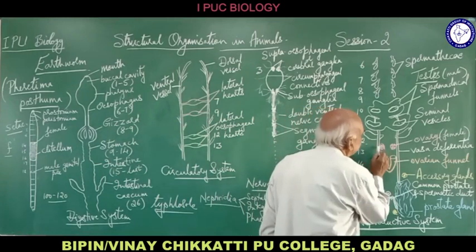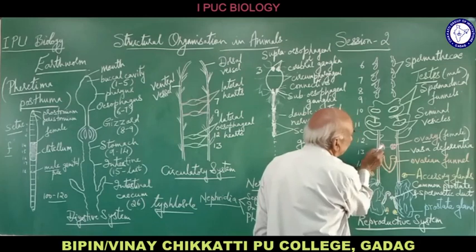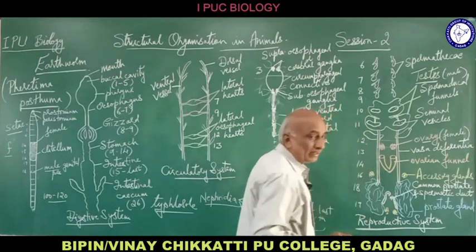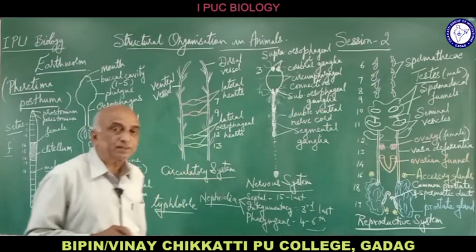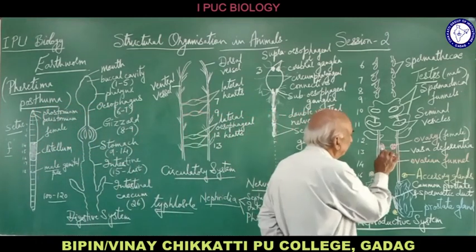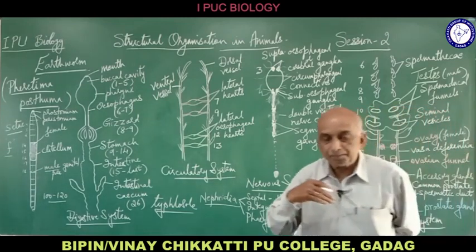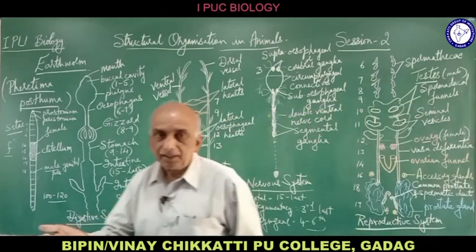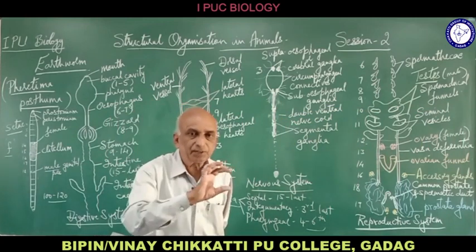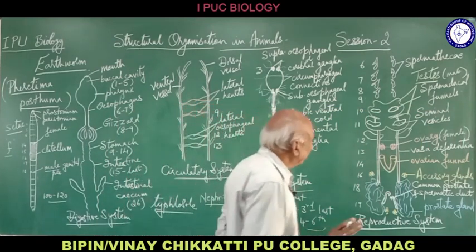Suppose this is the 12th segment and this is the 13th segment. At the junction, or the septum, the partition between the two segments, the ovaries are attached. That means they are neither completely in the 12th segment nor in the 13th segment.